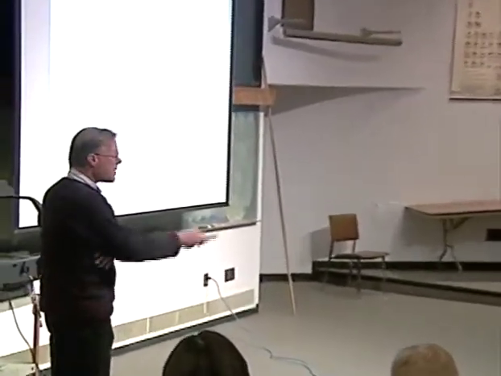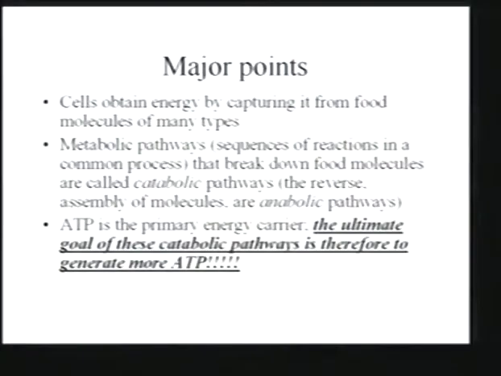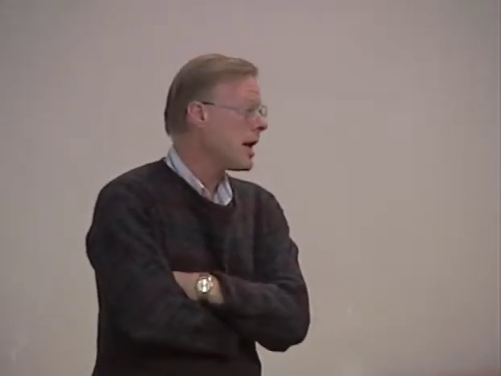Much of what we'll be talking about here are catabolic pathways. And this is perhaps the most important point of this chapter. The ultimate goal of the catabolic pathways we'll talk about in this chapter is to make ATP. Okay. Why? Because ATP is the primary energy carrier.